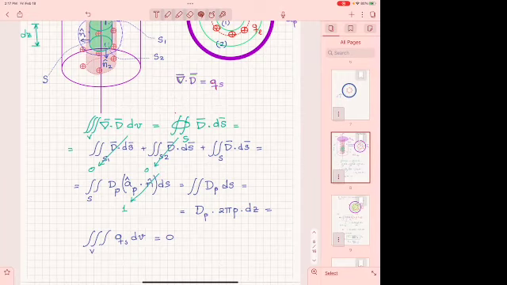However, in this problem, there is no Z coordinate. There is no Z component in D, all right? D does not have a Z component because all of the solutions will be independent of Z. It does not have a phi component because all of the solutions will be independent of phi.